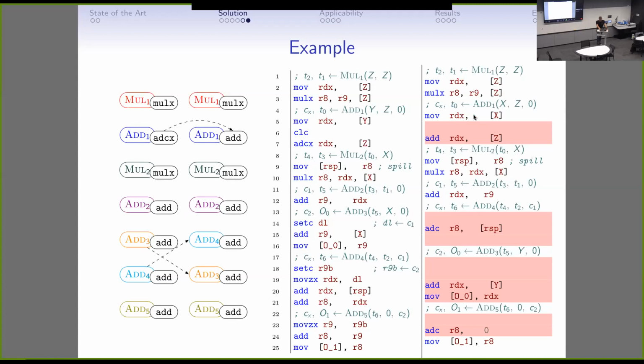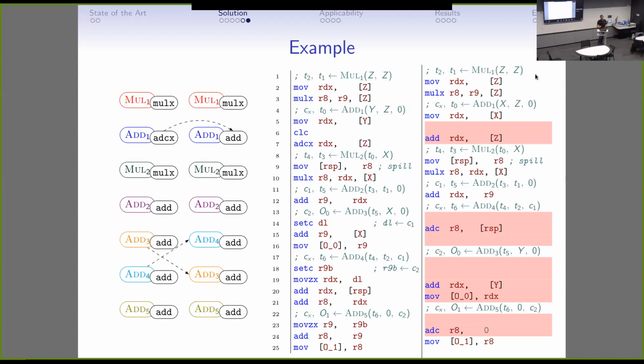That is a lucky coincidence, that for this addition I had the result of this addition, namely T0, already in RDX. So I did not need to move it into RDX. That is luck in this case, or I had this example so that it actually works. If RDX has a live value of something different, then I would need to move that out of RDX and move something else into RDX, and then do the multiplication essentially.